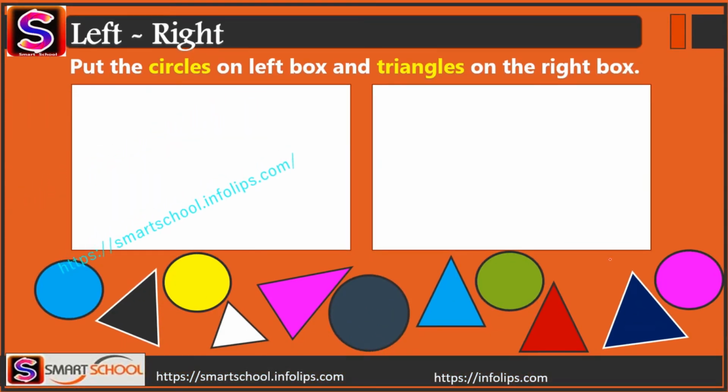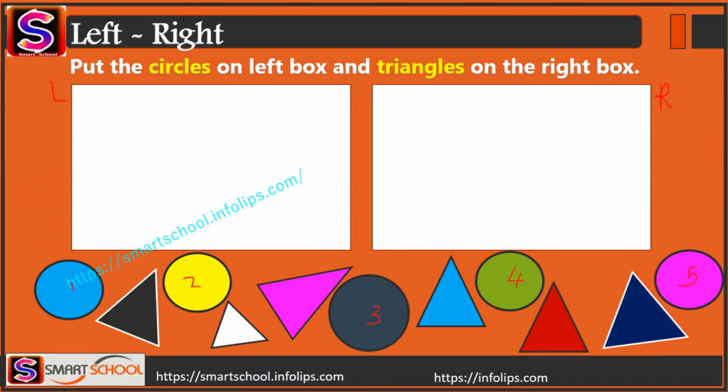Okay, now see one fun activity for you. There are two boxes. So this one will be your left hand and this one will be your right hand. And see there are some circles and triangles. So put the circles in the left box and the triangles in the right box. See, how many circles are there? 1, 2, 3, 4 and 5.